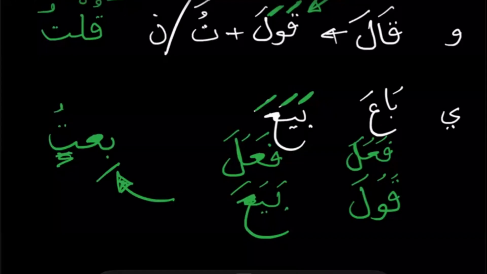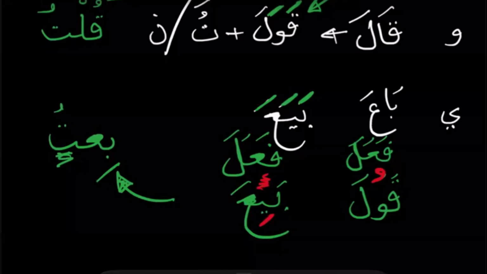What the author is telling us is this wazn of fa'ala. When you're dealing with qawala, the wawi, we are going to turn qawala into qawula. We're just turning the wazn into it. And we're going to turn baya'a into bayi'a.